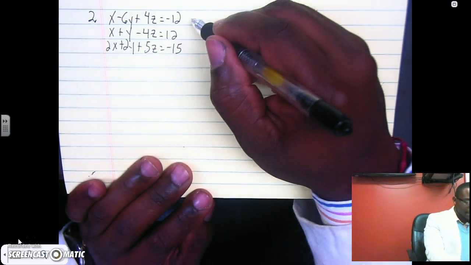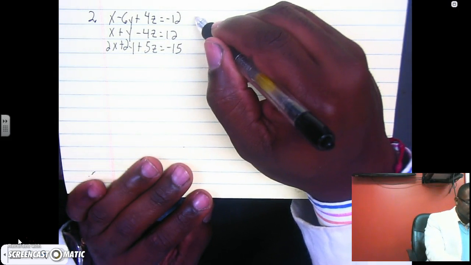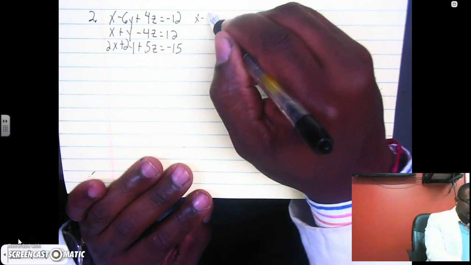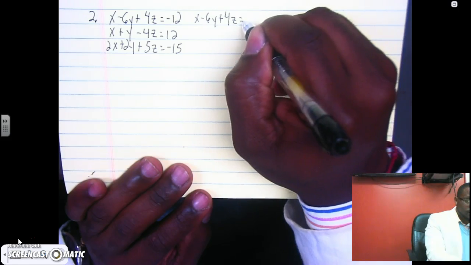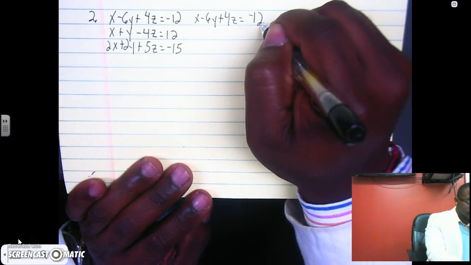Okay, on this problem here, again, you want to look to eliminate one variable, so we can have 2 equations that have the same 2 variables. I'm going to choose to eliminate my x's here. So if I eliminate my x, I'm going to rewrite this equation, x minus 6y plus 4z equals negative 12.